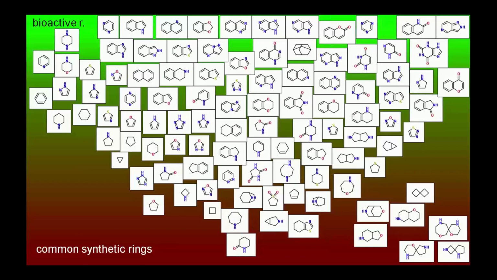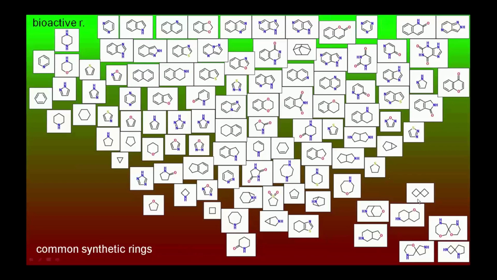We can see that these rings typical for bioactive molecules are mostly fused aromatic rings with many heterocycles, mostly with nitrogen. On the other side, here at the bottom, these are rings that are typical for synthetic molecules. These are mostly aliphatic systems.